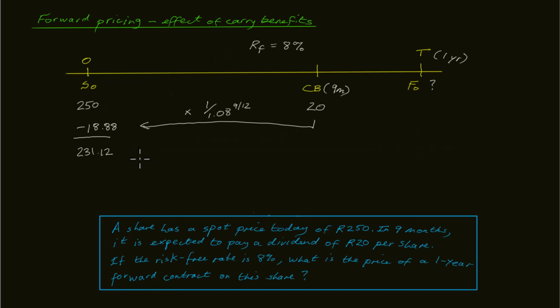Having determined a so-called adjusted spot price, the final step is for us to calculate the future value of that amount, which of course will be our forward price. And that calculation is done by multiplying 231.12 by 1.08, and it is for a year, therefore there is no complicated exponent there, and the final answer for us is that the forward price is 249 Rand and 61 cents.